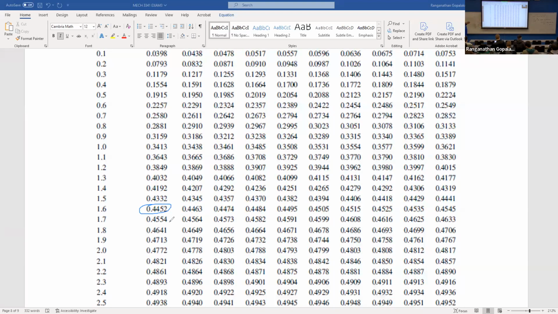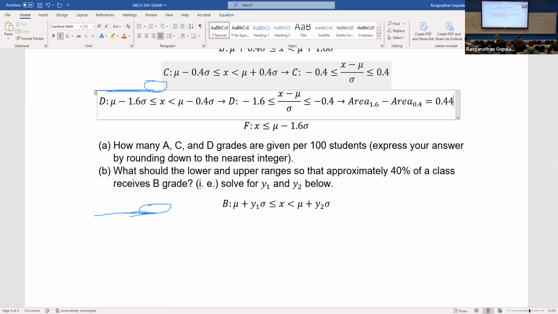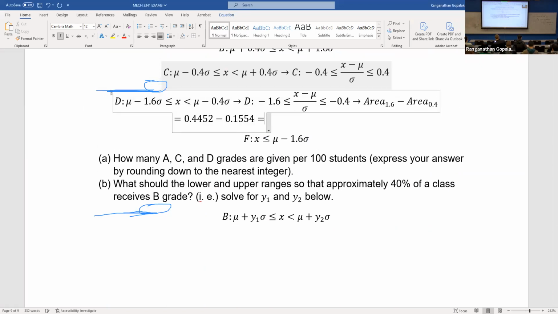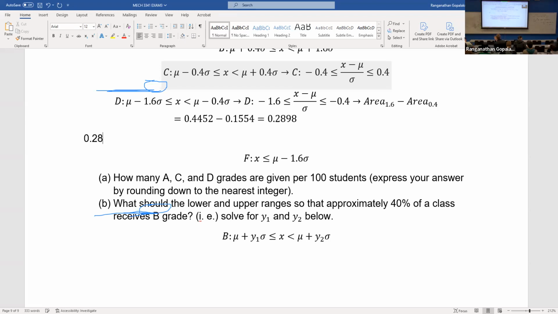That is 0.1554. So 0.4452 minus 0.1554 is 0.2898, which if I multiply by class size, 0.2898 multiplied by 100 students equals 28.98, or 28 D grades.